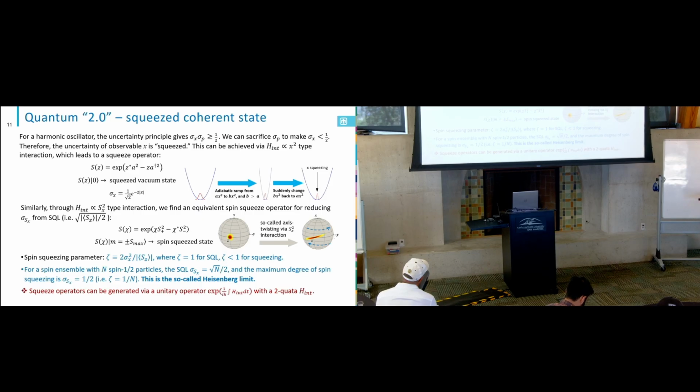So in the classical limit, we get an uncertainty equal to 1/square root of n, and for the Heisenberg limit, it is 1/n. So we have a square root of n improvement in the measurement uncertainty. And this final highlighted one, I just want to point out, the 2-quanta interaction Hamiltonian, is how we are going to generate squeezed states.